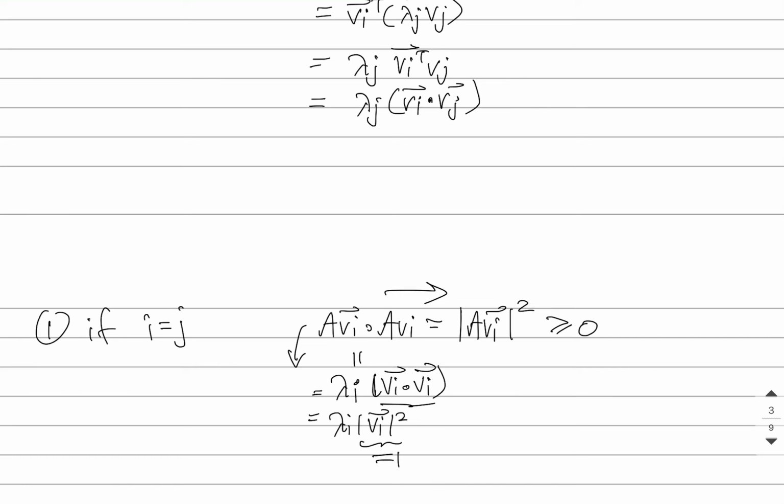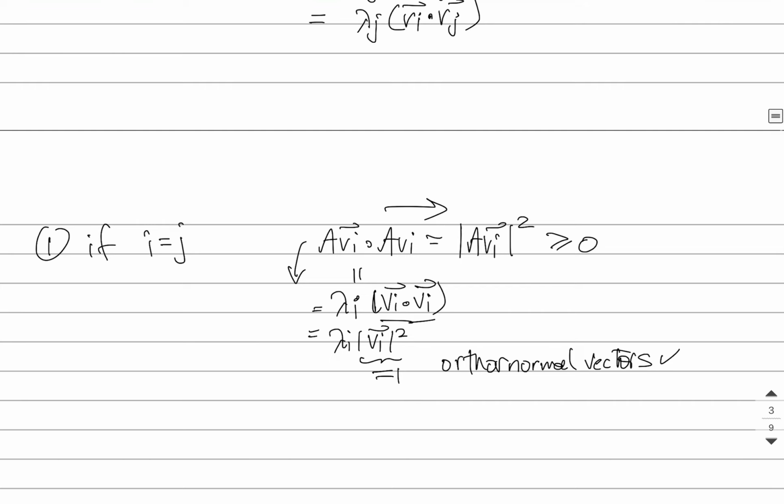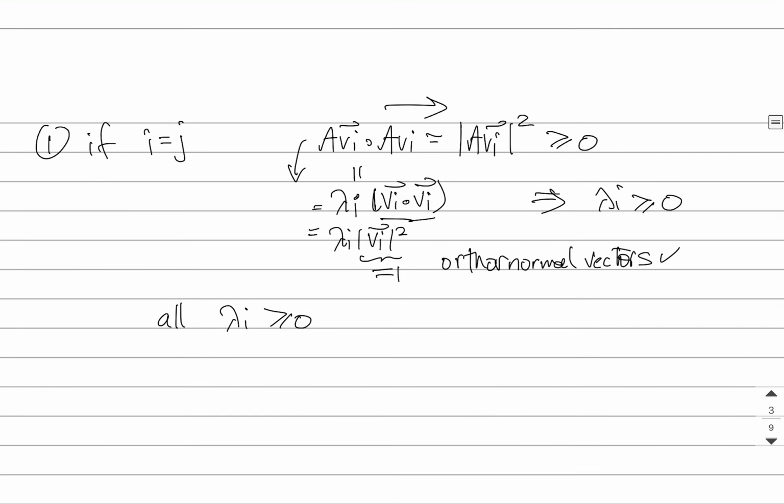But we know this has to be 1 because these are all orthonormal vectors. That's the thing you get when you have an orthogonal, orthonormal decomposition. And so the point of all of this is we can see that all of these lambda i's have to be greater than or equal to 0. They all have to be non-negative. Now, at the very worst, they're going to be equal to 0.